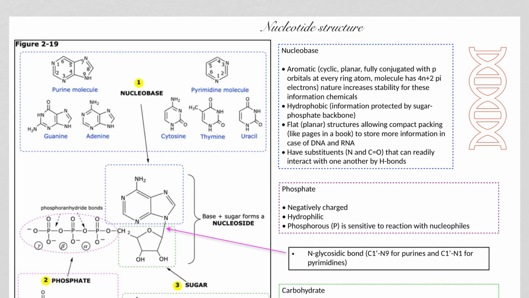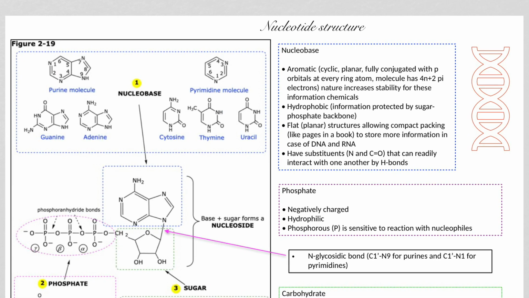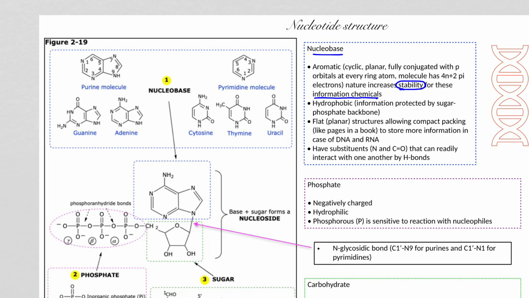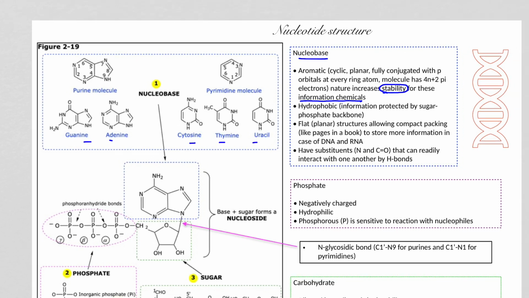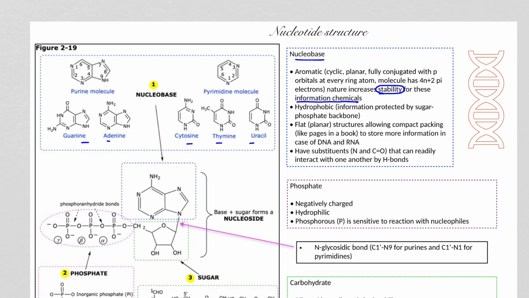So one reason why nucleobases are used as information chemicals is because of their stability. These are very stable chemicals. Your G, your A, your C, your T, your U, these nucleobases are very stable, and that's because these are aromatic molecules.